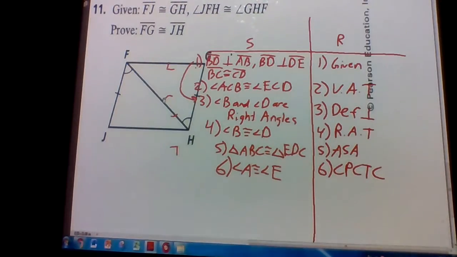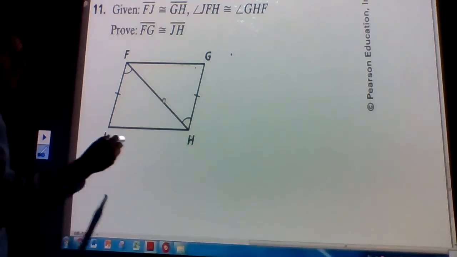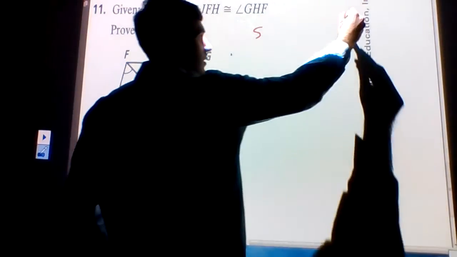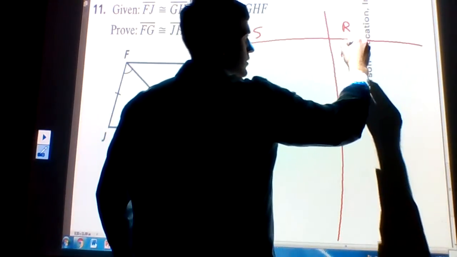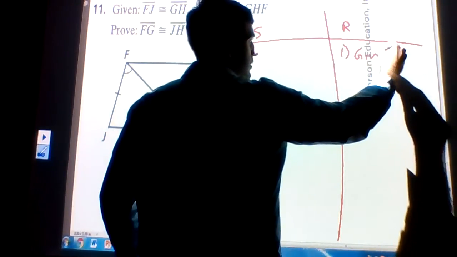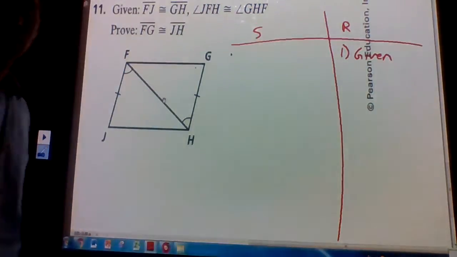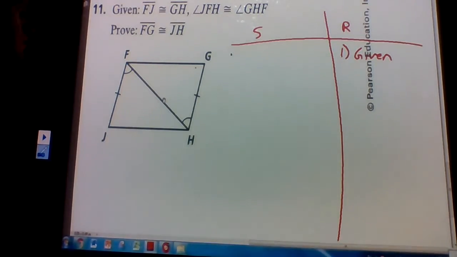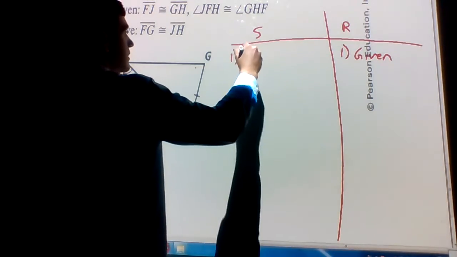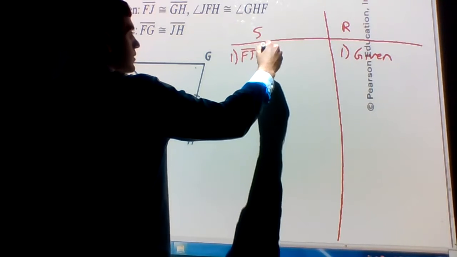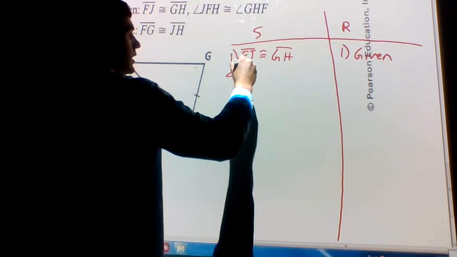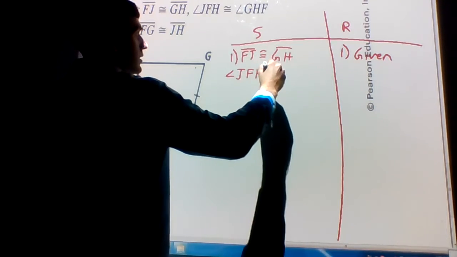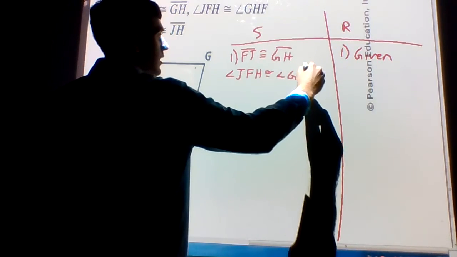Number 11, statements, reasons. Okay, first step in any proof is whatever is given. So what's given to us here is that FJ is congruent to GH, and angle JFH is congruent to angle GHF.